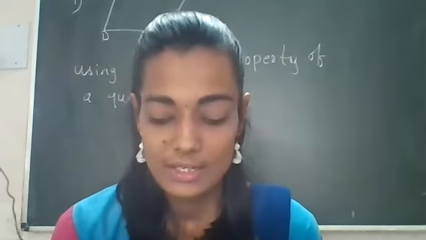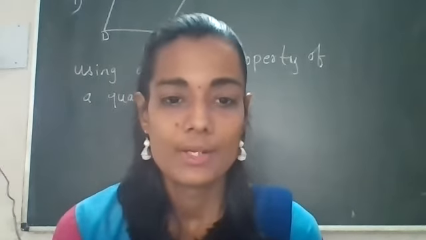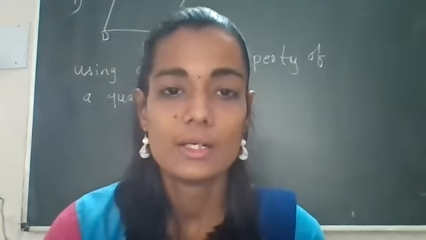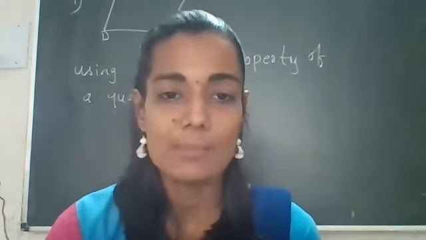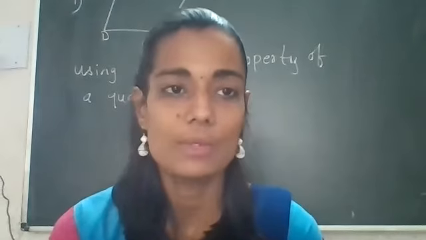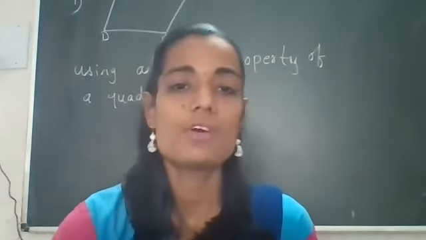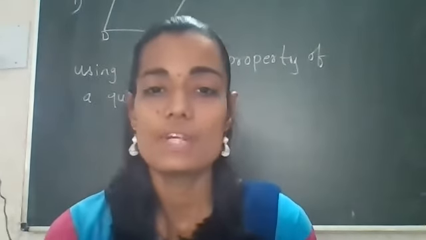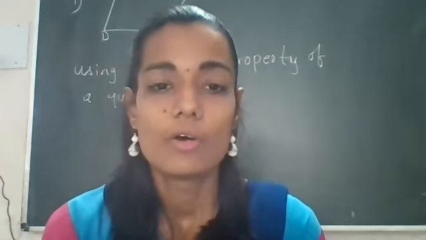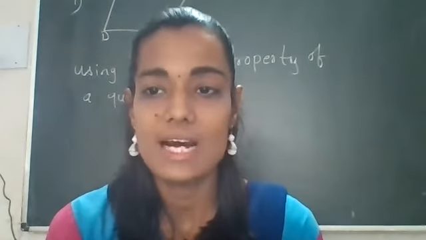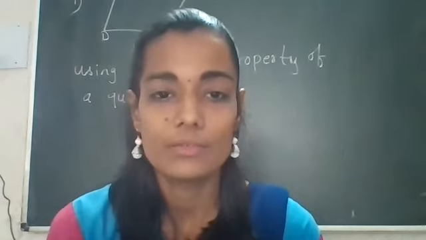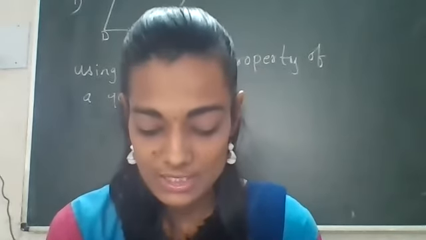Second was the parallelogram, where both of the opposite sides are parallel to each other. Third one was rectangle. In a rectangle, all the 4 angles are of 90 degrees and the opposite sides are equal.